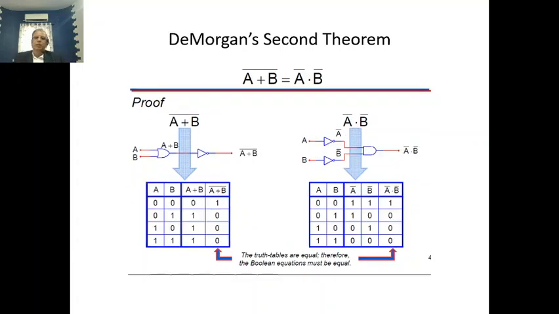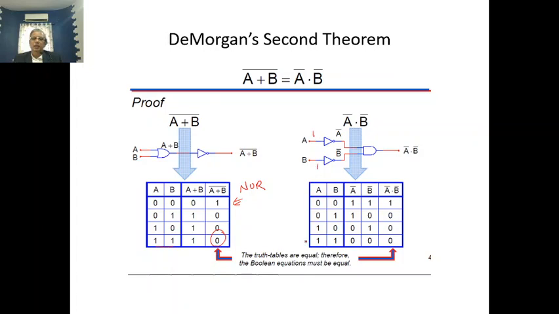Then the second De Morgan's theorem, A plus B whole bar, meaning this is NOR gate, truth table for the NOR gate, and that is equivalent to A bar dot B bar. Now verify any one condition. Let us consider this last condition. For 1 1, we know that for NOR gate, for 1 1 output is 0. Now for this bubble input AND gate, consider this is 1, this is 1.